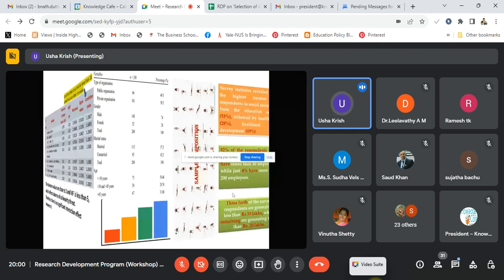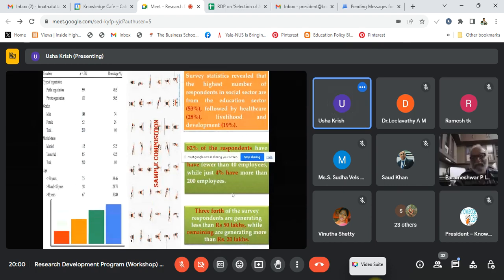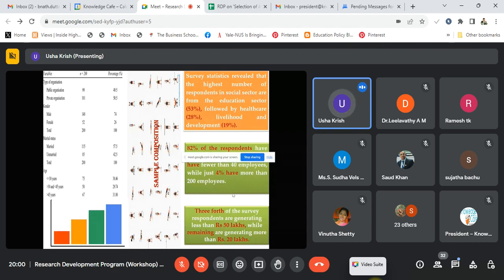The next one. This is sample composition. Most of the experts say that in every thesis or article, the details of sample composition should be shown. In other words, irrespective of your objective of study, sample details should be presented and it is mandatory.